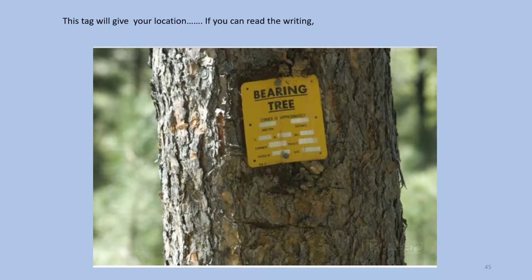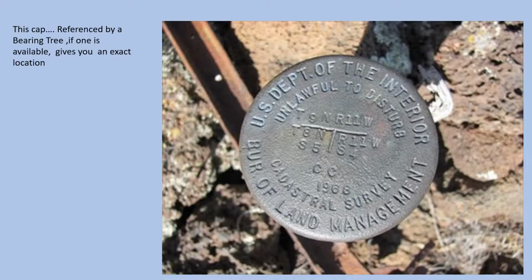This bearing tree is part of the Public Land Survey System, and it will give you your exact location if you can read the writing on it. This brass cap, referenced by a bearing tree, if one is available, gives you an exact location.